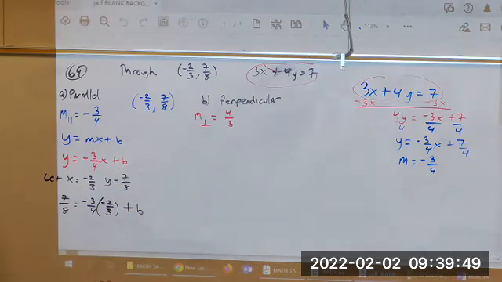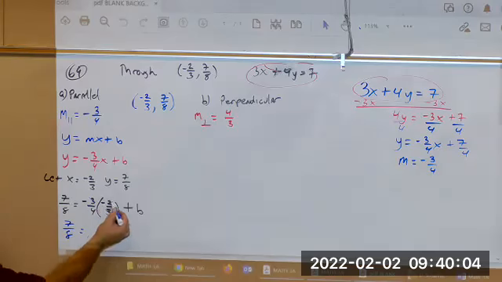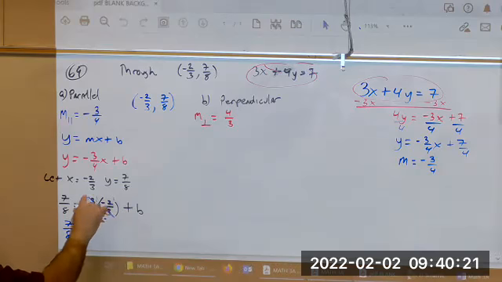Let's see if something simplifies. So this is 7/8 equal to a negative times a negative, we get a positive. Oh, look, 3 goes into 3 and reduces. This is going to be a positive 2 over 4. Well, 2 goes into 2 once, 2 goes into 4 2 times. When the 3's reduced, 3 goes into 3 up here once, 3 goes into 3 down here once. So what we have in the numerator is 1 times 1 over 2 times 1.